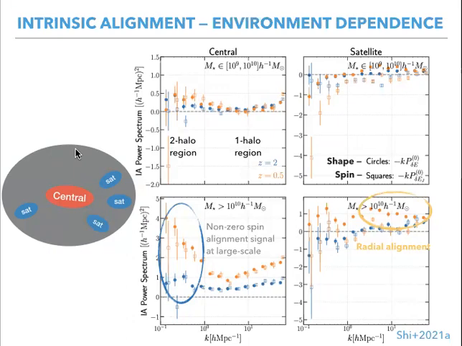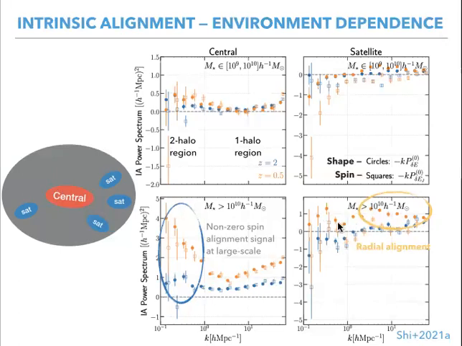The picture on the left makes sense on small scales, but on the largest scales, where it still looks positive, you're no longer talking about a one-halo term, pairs within a single host halo. You're talking about pairs in two separate halos. So at the smallest k, it still looks positive, which I assume still means they're radially aligned somehow. Is that the right interpretation?